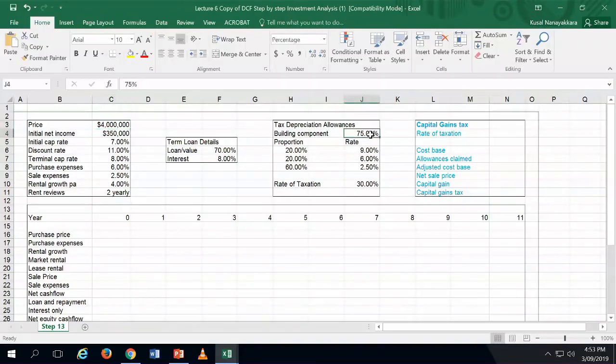And 20% of that building is asset A, which has a depreciation rate of 9%. 20% of the building component is asset B, which has a depreciation rate of 6%.